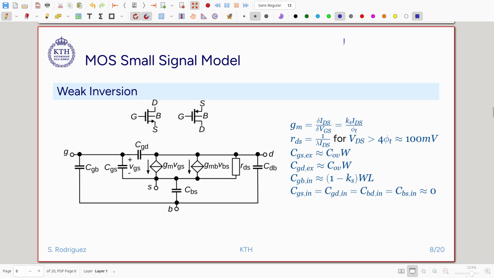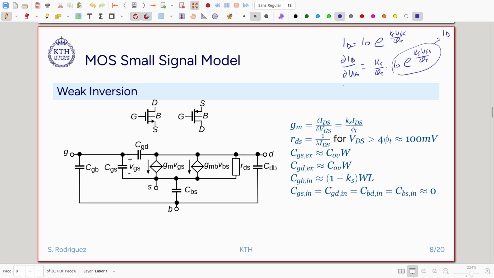When we have the drain current equal to I0 times exponential of VGS divided by the thermal voltage, we differentiate with respect to VGS, with this coefficient Ks, so we get I0 Ks over VT times the exponential, and this is equal to ID Ks over VT.